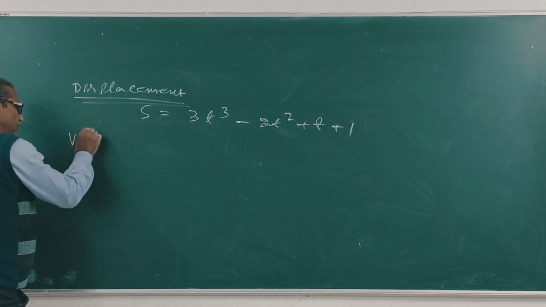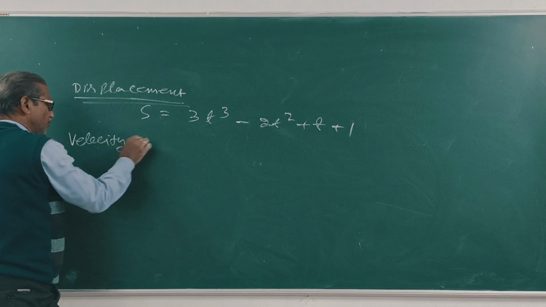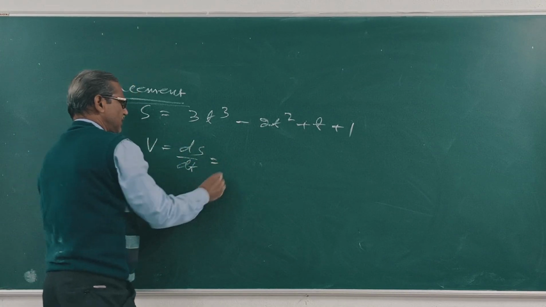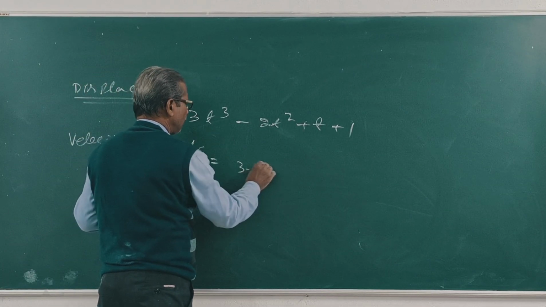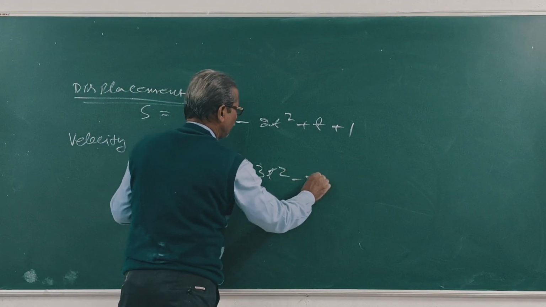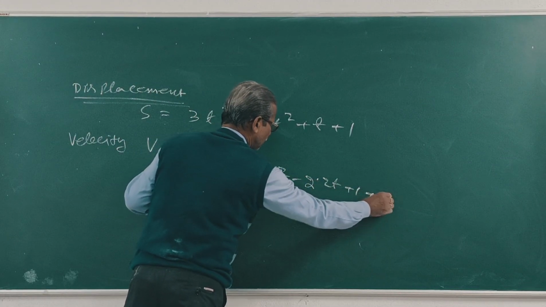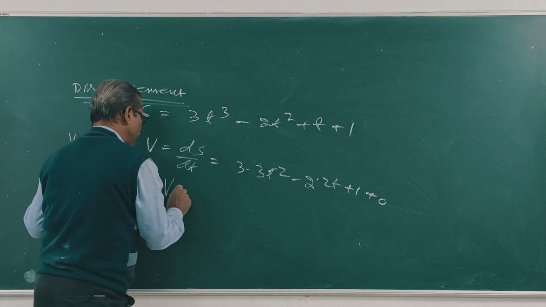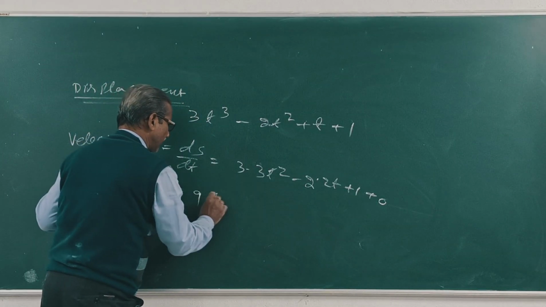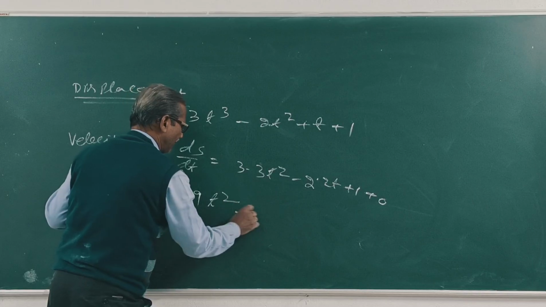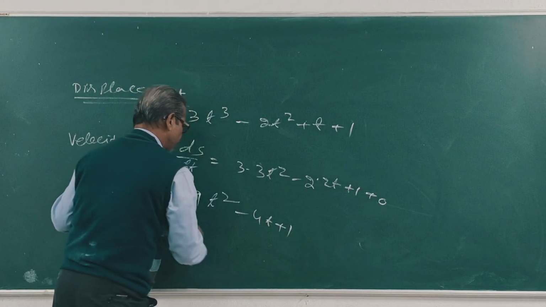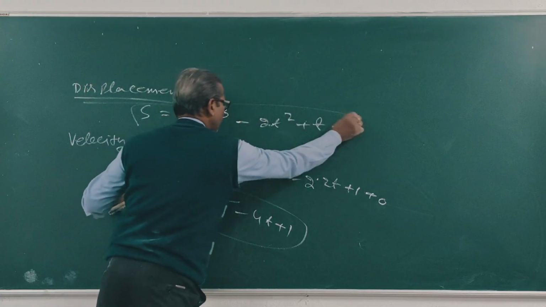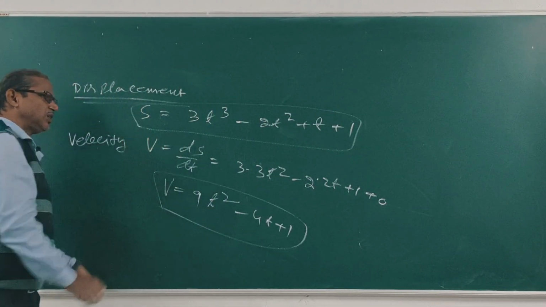So velocity v is equal to ds by dt. This is 3 into 3t square minus 2 into 2t plus 1 plus 0. So v is equal to 9t square minus 4t plus 1. This is the equation for velocity.